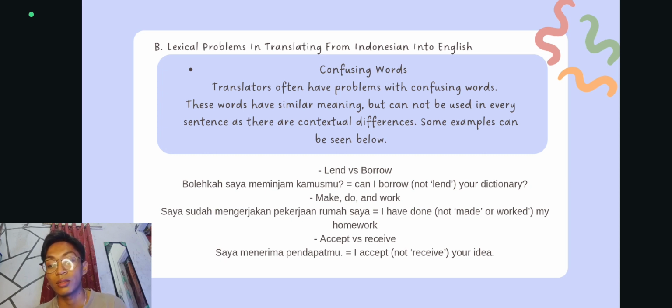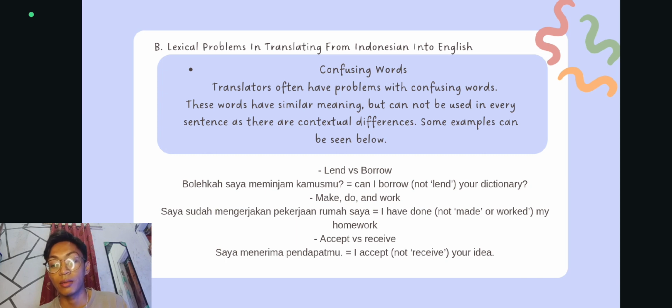The second one is make, do, and work. In bahasa we say, "saya sudah mengerjakan pekerjaan rumah saya." The translation is, "I have done my homework." So we use the word done. The next one is the words accept and receive.